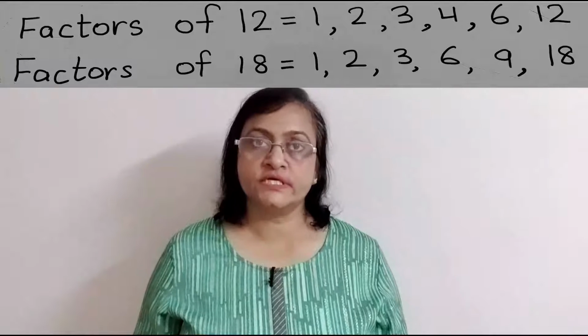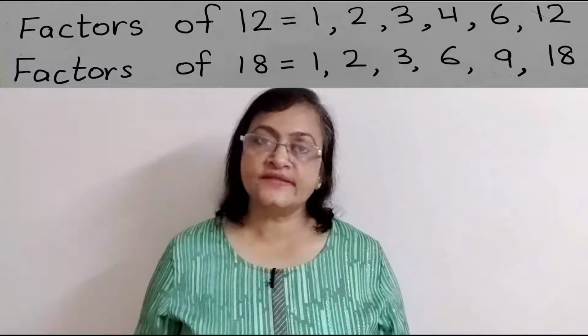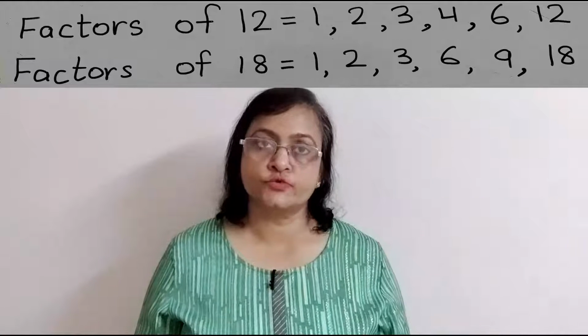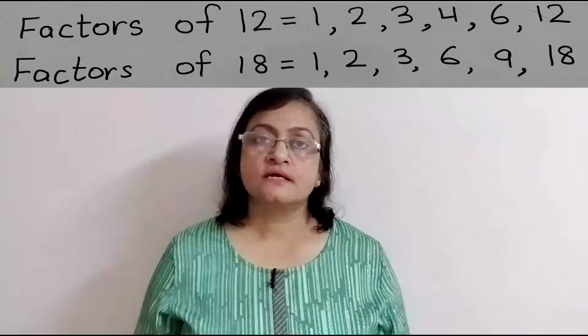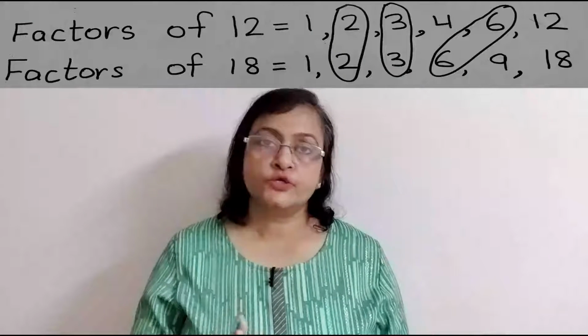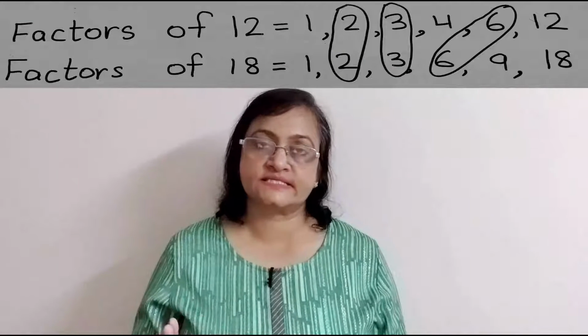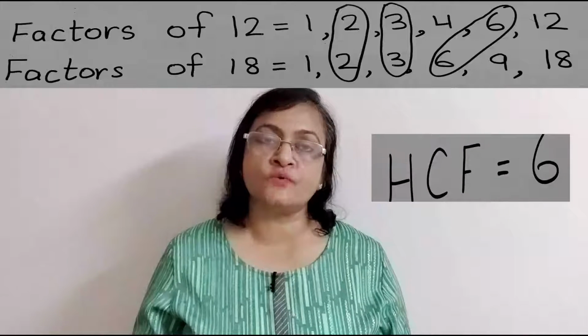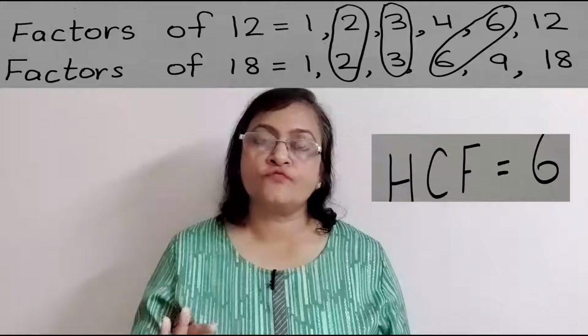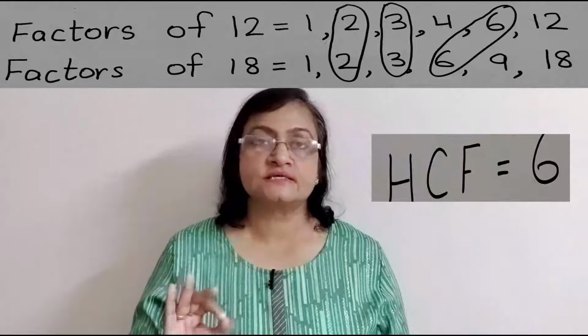Factors of 12 are 1, 2, 3, 4, 6 and 12. And factors of 18 are 1, 2, 3, 6, 9 and 18. Now the common factors are 2, 3 and 6. And which is the highest common factor? That is 6. So HCF of 12 and 18 is 6.